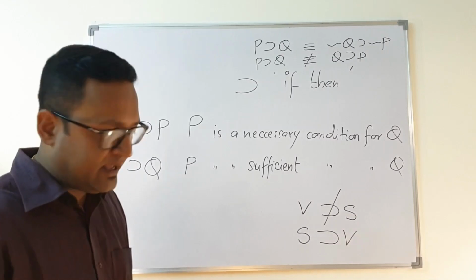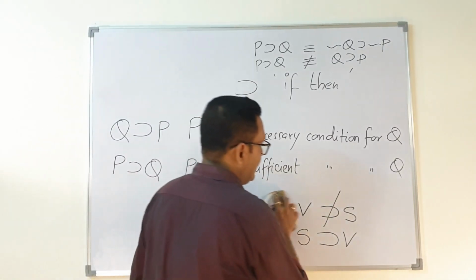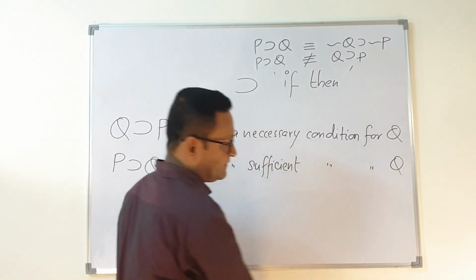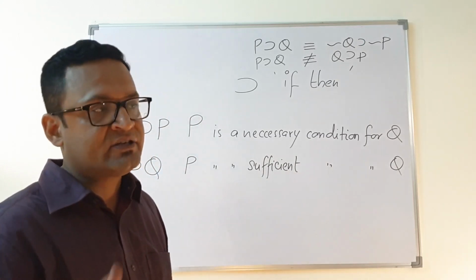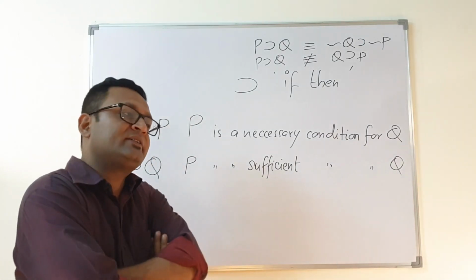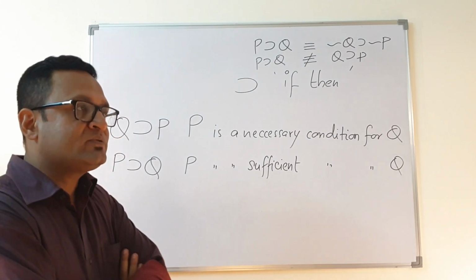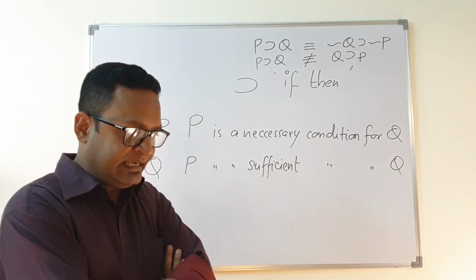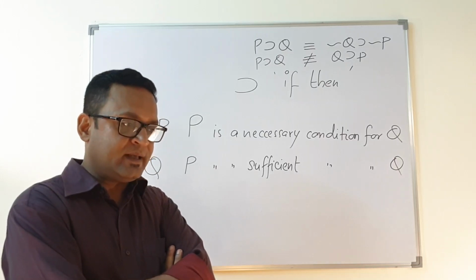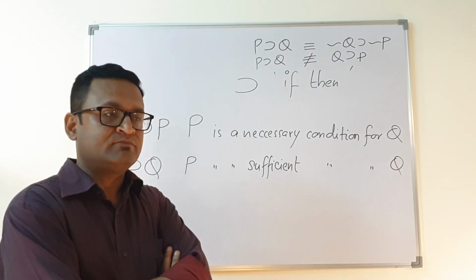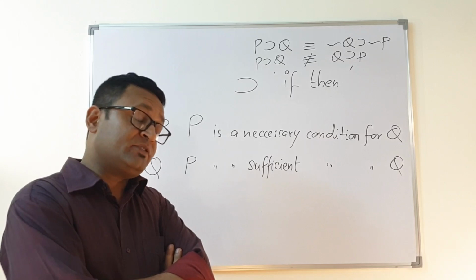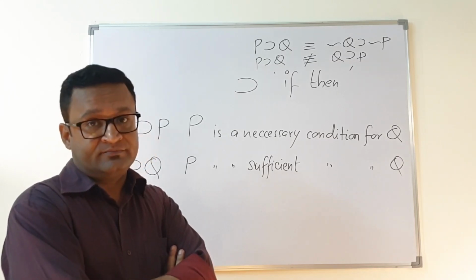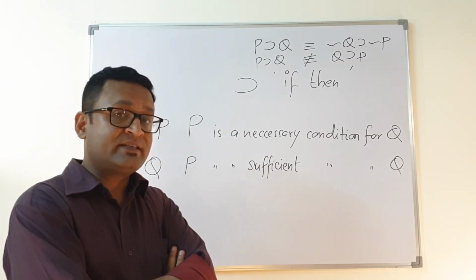Suppose I give you another example. The 12th board examination is a necessary condition for pursuing engineering, right? So suppose you have passed the 12th board examination, is it the case that you are pursuing engineering? No. But suppose you are pursuing engineering, then have you passed the 12th board examination?